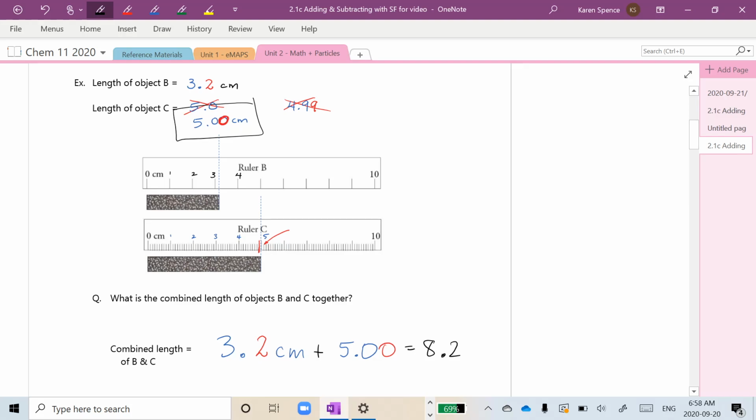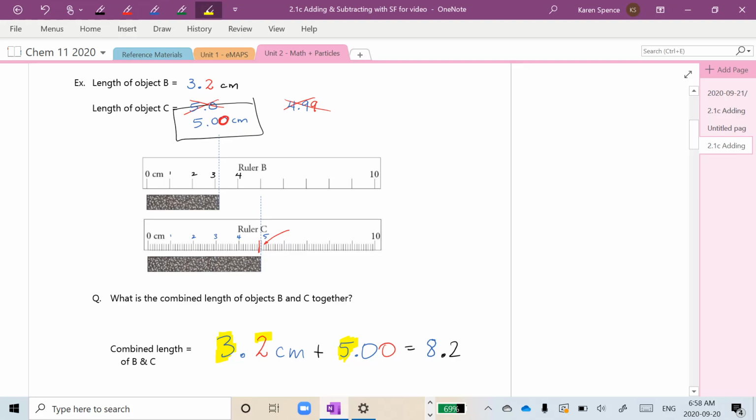Now let's ask ourselves, are we certain about the 1's position? Well, the 1 was blue and the 5 was blue, so yeah, I'm sure about the 1's position. So I'm actually going to replace that with a blue 8. Okay, so that's going to be 8. And then I have to ask myself, am I sure about the 2?